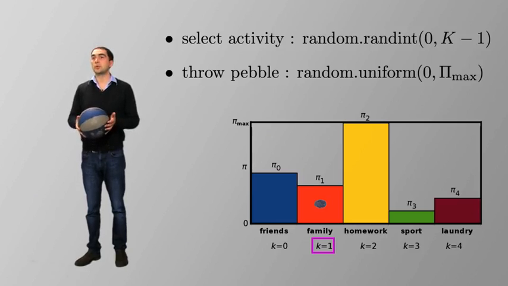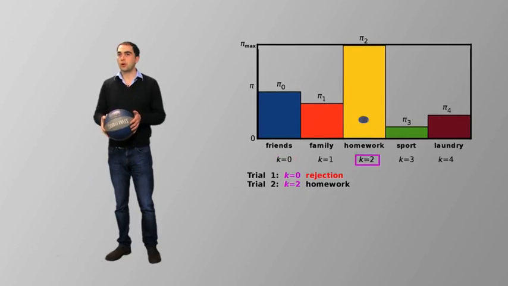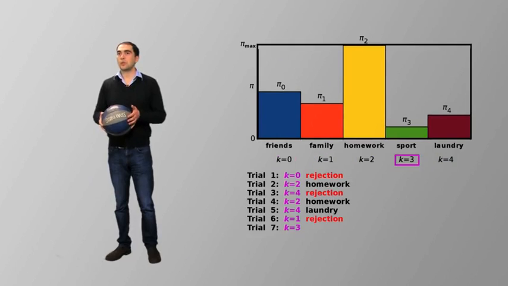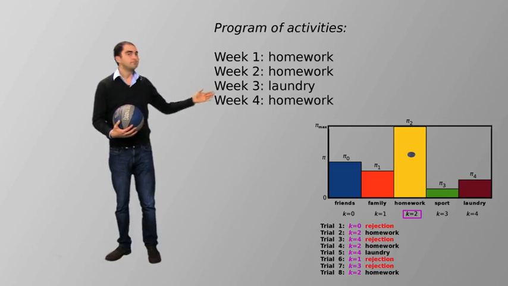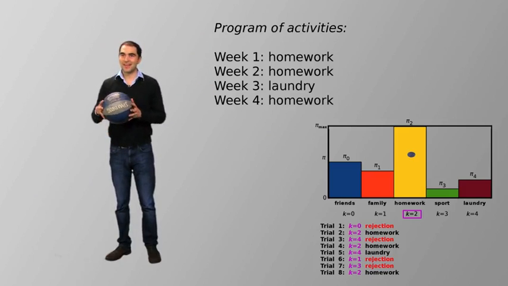This occurs with a probability which is proportional to the weight of the activity. As Mikhail explained, this algorithm can have problems because of the high rejection rate. But for the Saturday night problem, this is okay. We can program the algorithm and plan our activities week by week. Bad luck.